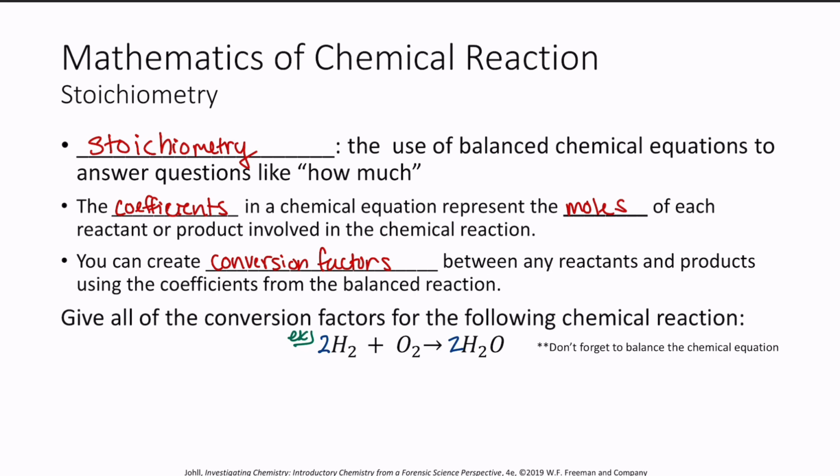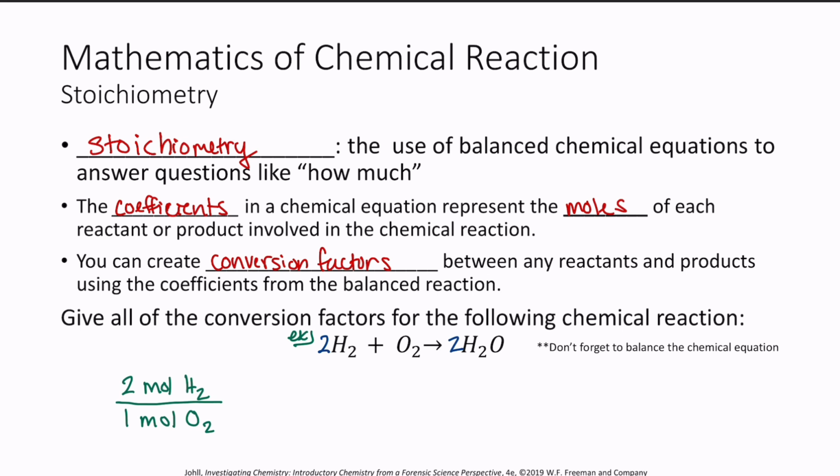So let's get all of the conversion factors from this problem. I can use that coefficient, the 2 in front of hydrogen, and write it as 2 moles of hydrogen. And if I wanted to create a relationship between the hydrogen and the oxygen, then I would just use the coefficient of oxygen and write 1 mole of oxygen. So the relationship between hydrogen and oxygen is 2 to 1.